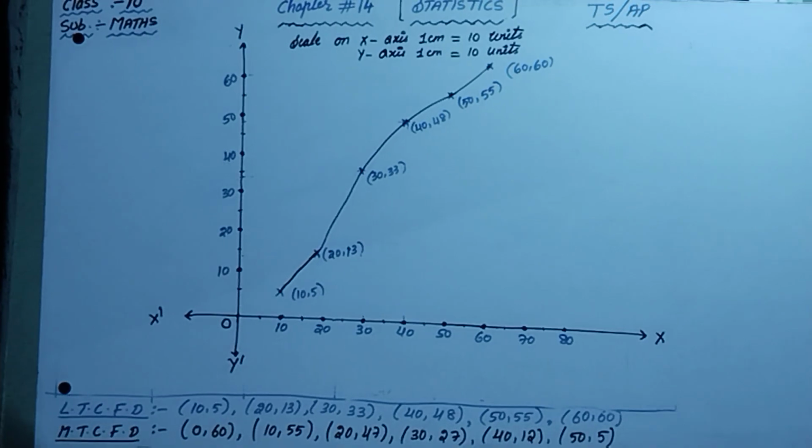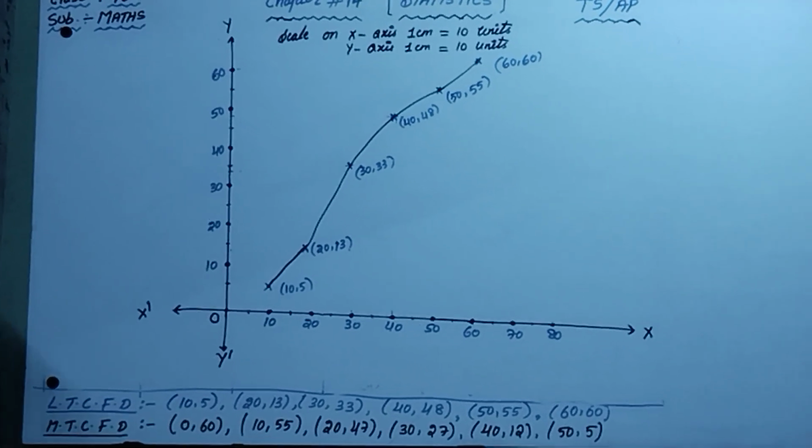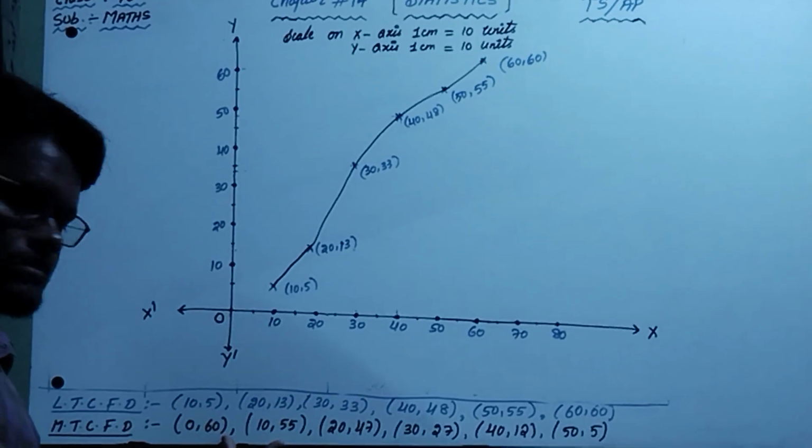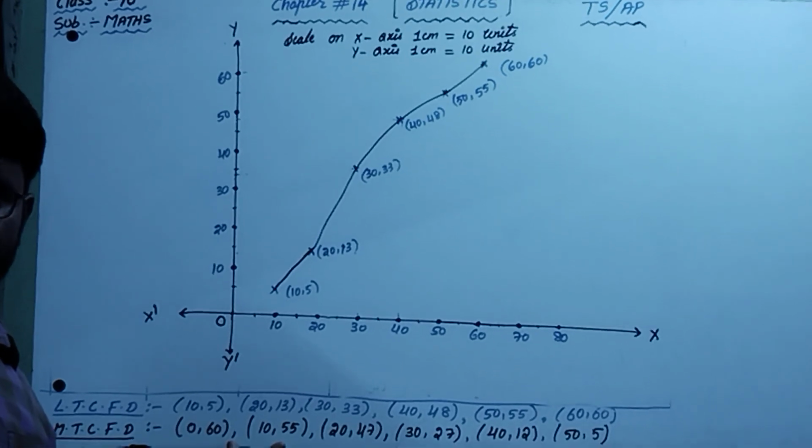This is the less than cumulative frequency distribution. Like this only, draw the more than cumulative frequency distribution.